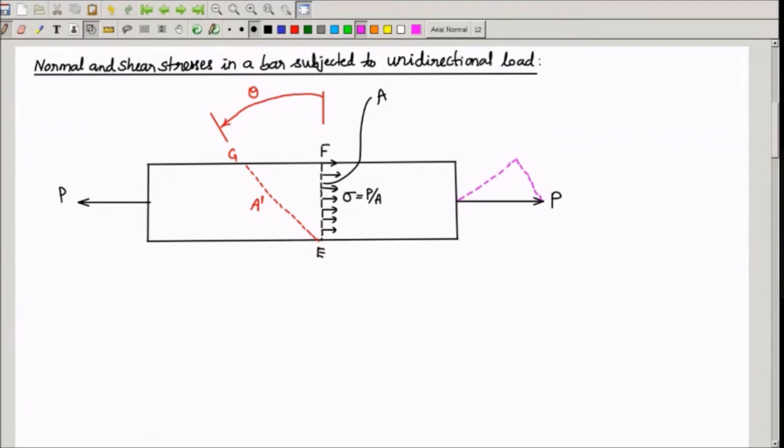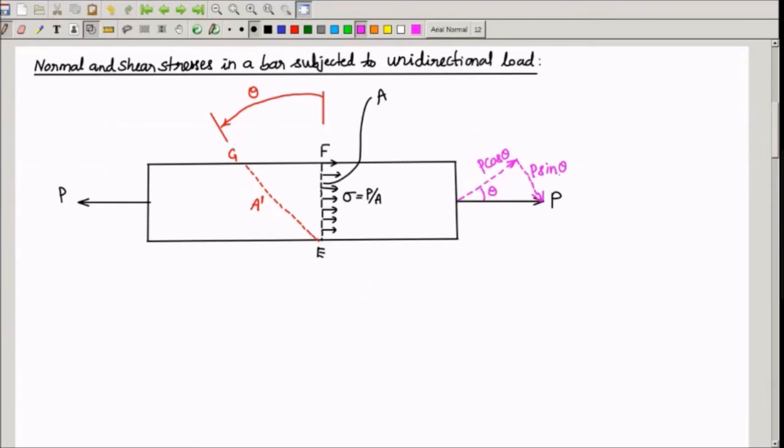So I'm resolving force P like this, one component here, the other component here. And this angle will be equal to theta because the plane GE is inclined at theta degrees to EF. Now I can resolve P into two components. This component becomes P cos theta and this component becomes P sin theta.